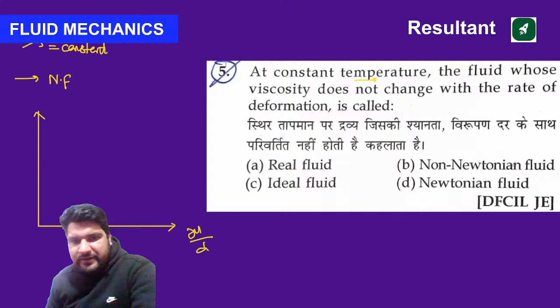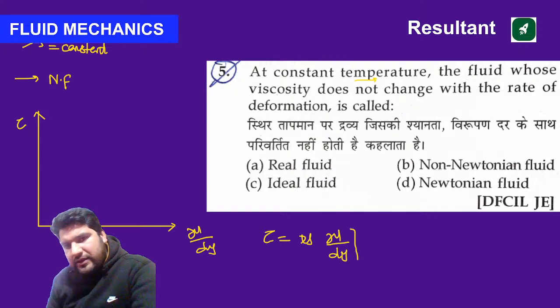The shear stress equation is tau equal to mu (du by dy) whole power n plus b. Remember, in case of the Newtonian fluid, b is 0 and n is 1.